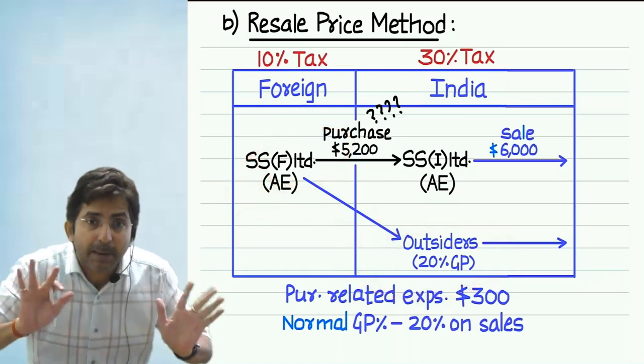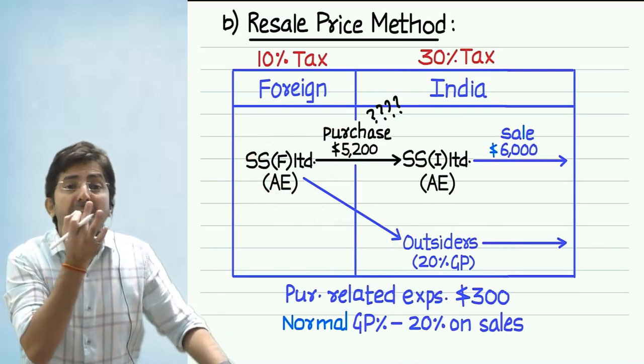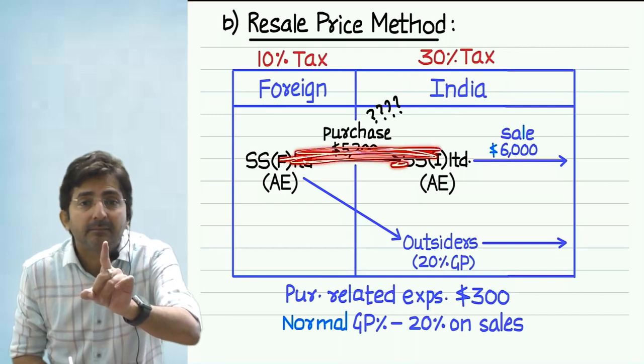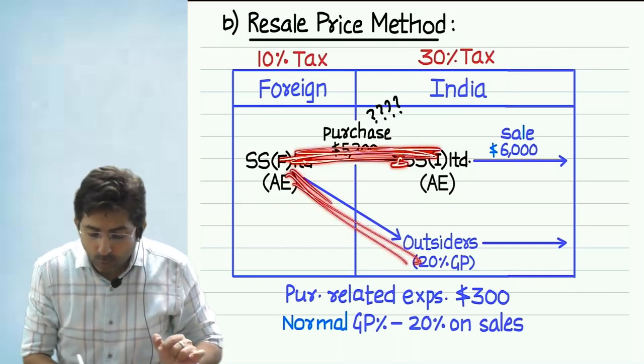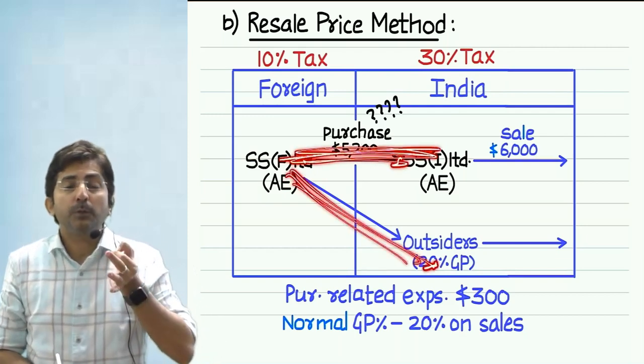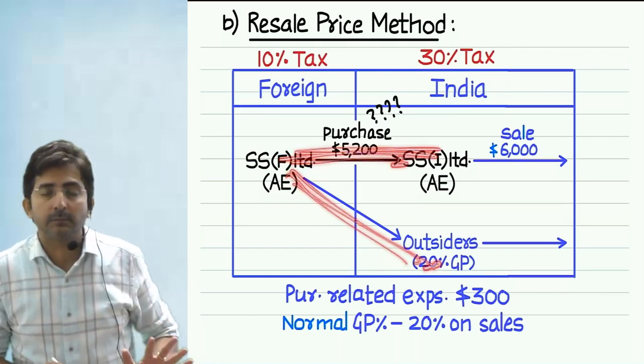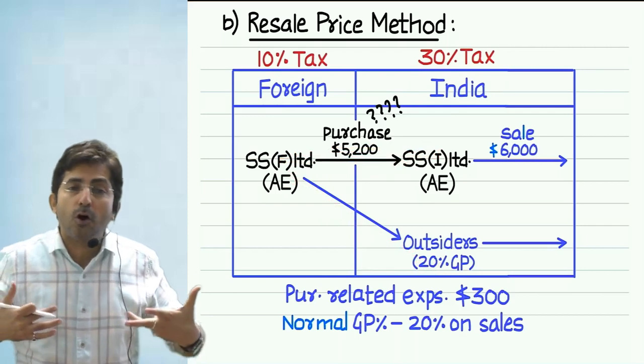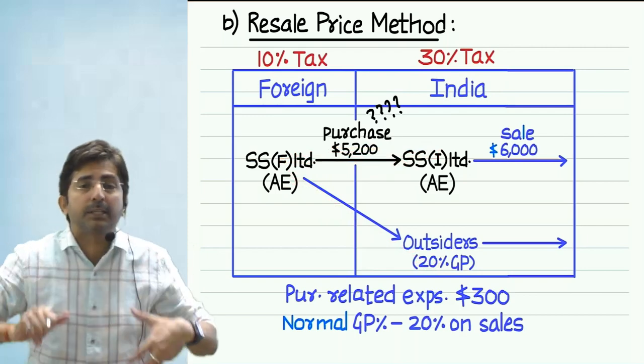But for this chapter, the word international transaction is for transaction with AE. And transaction with an outsider should always be called an uncontrolled transaction. See, be familiar with this terminology, otherwise you will not be able to enter deep into the subject.